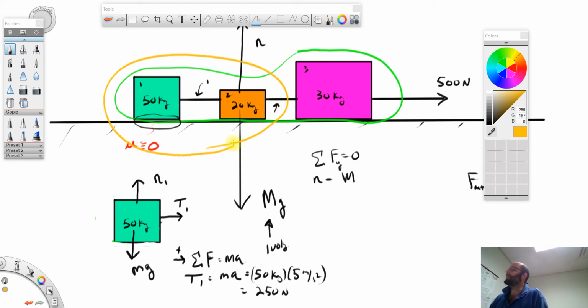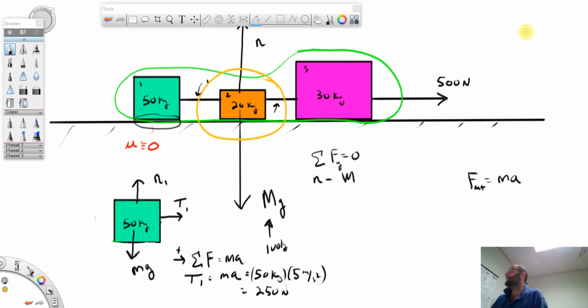Now, if we draw that free body, tension 1 is now an internal force. Tension 2 will show up. Or we can draw a free body of this part of the system. Here, both tensions will show up, but the 500 Newton force will not. And I think we'll do that one.